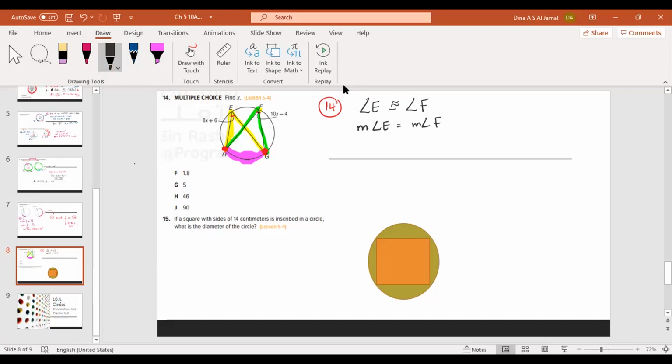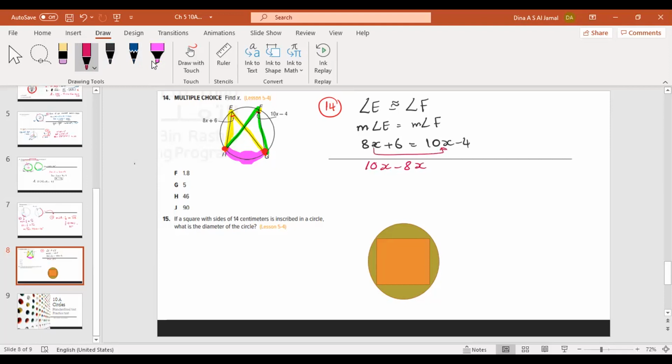So here I'm having to find x. That means I just need to substitute: 8x plus 6 is equal to 10x minus 4. So we have an equation with a variable on each side. We can solve this equation and it will result in 10x minus 8x.